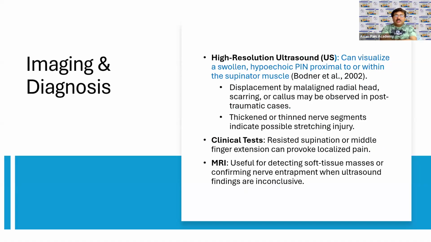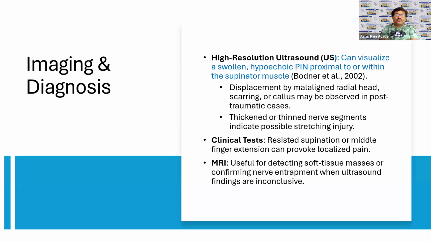So what is required? It requires high-resolution ultrasound. It can visualize the swollen, hypoechoic posterior interosseous nerve within the supinator muscle. You have to look in the longitudinal view to find the dilatation, and also in the cross-sectional view at this point.